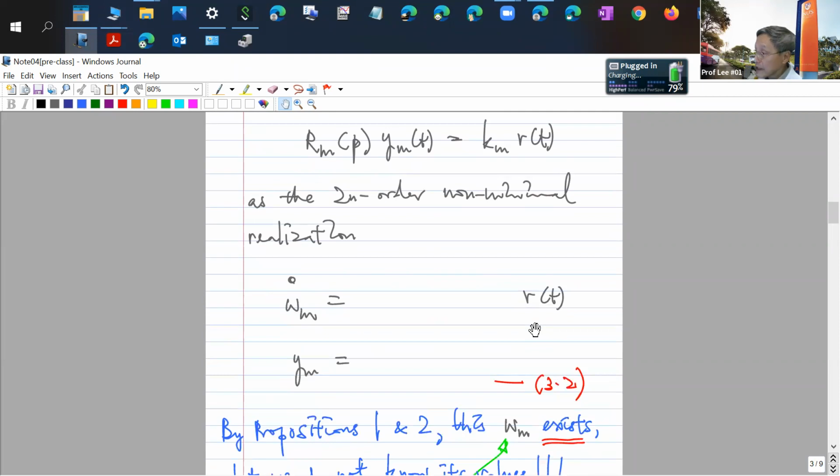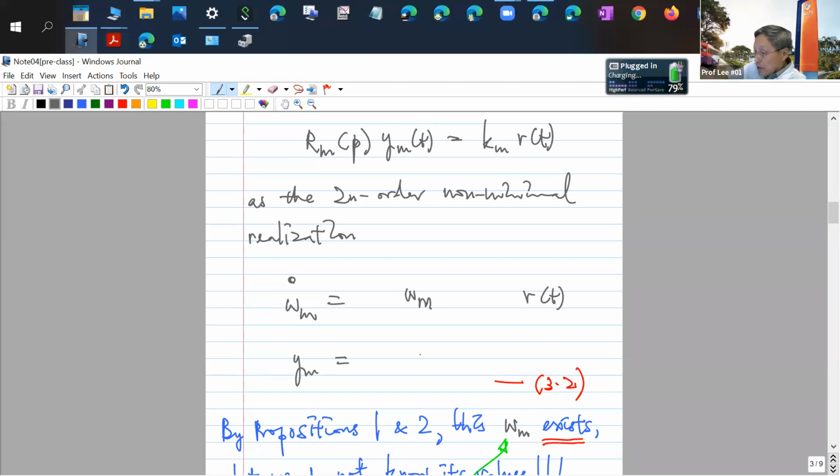So what this says is that this reference system that I'm going to use, which is an input-output reference system, itself admits a 2n order non-minimal realization. I will have to write it down. This will be the reference system, but now written in 2n order non-minimal realization.